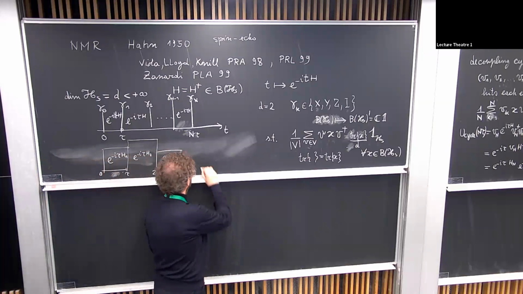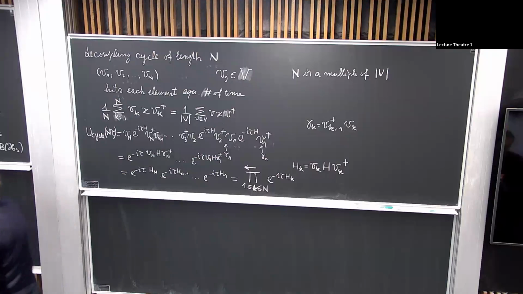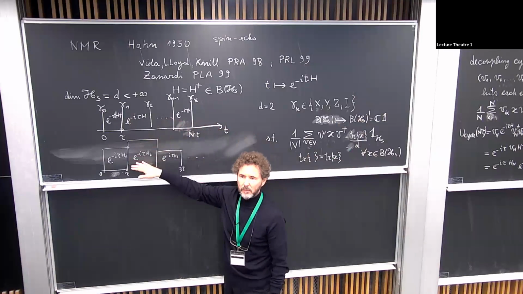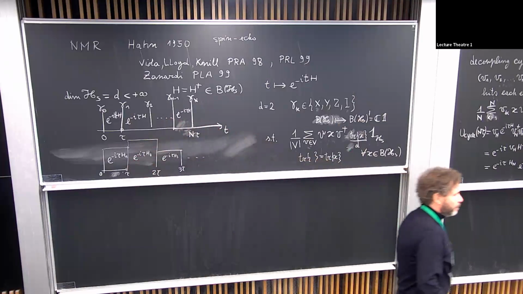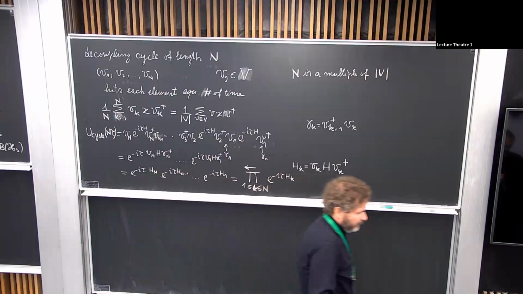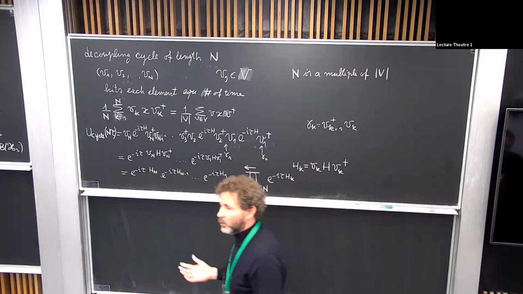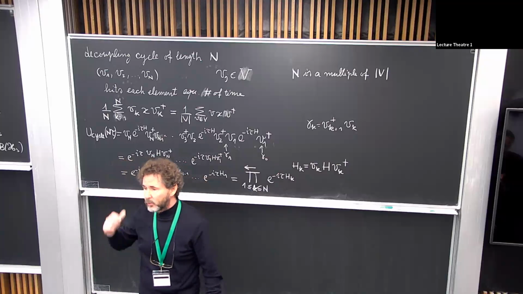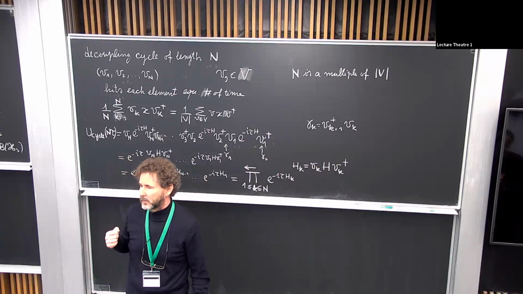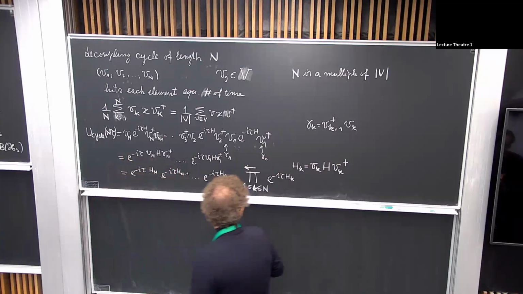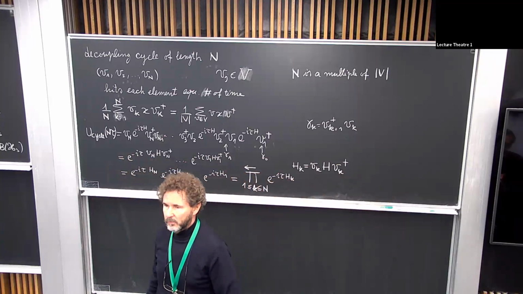So essentially, you can trade this picture with this one. And this picture is related to a generic situation you consider in quantum control, when the controls are piecewise constant. And more generally, this is related to the Trotter product formula.